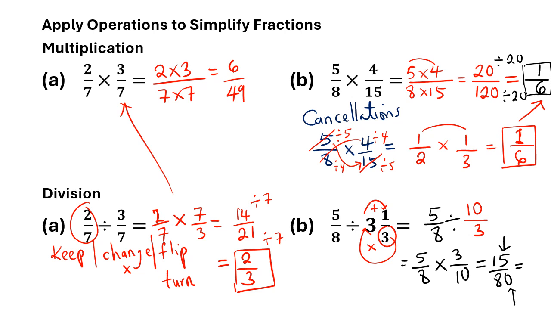So we're looking to divide 15 by 5 as well as 80 by the same 5 so that we can get it down to the lowest form of the fraction, or what you call the equivalent fraction. 15 divided by 5 is 3, and 80 divided by 5 is 16. So we end up with 3 over 16.